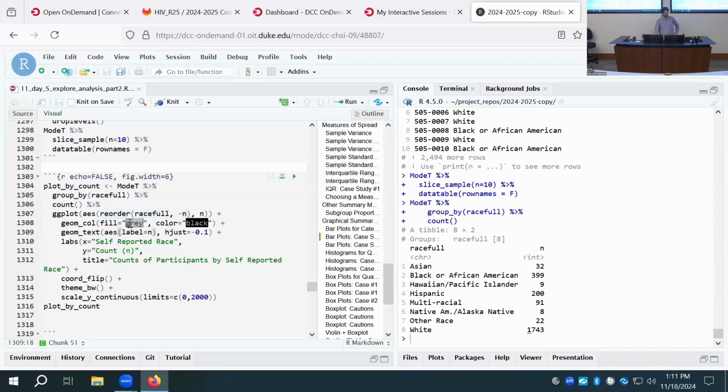Then we'll tell it to do some colors. We're going to say fill gray, color black. We'll give it some labs, and then the scale.